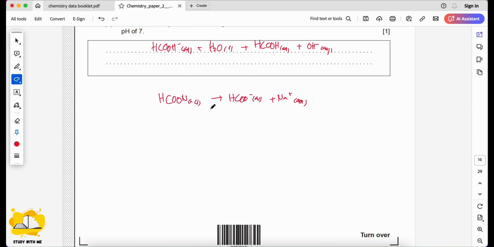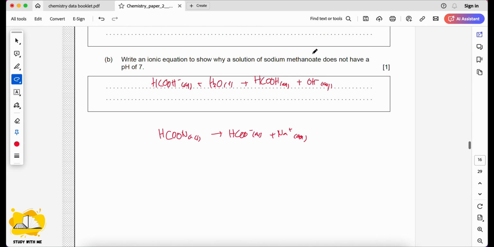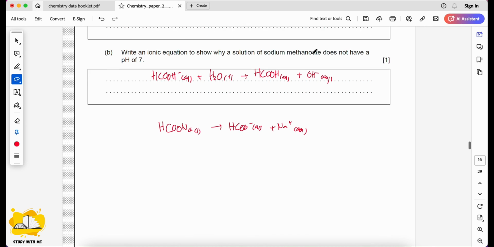Then HCOO- reacts with water, producing this equation. This produces HCOOH and OH-. So this acid is a weak acid, partially producing H+ in aqueous solution, but we have OH-. OH- causes the pH to become greater than 7 as it is the ion of a strong base. That's why it doesn't have a pH of 7, but it's greater than 7.